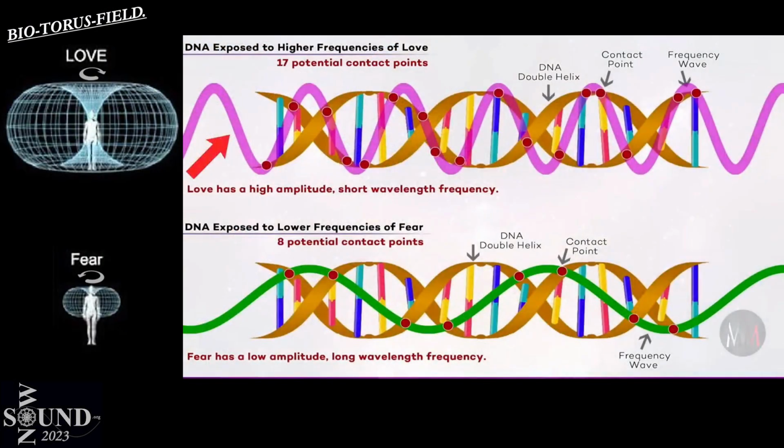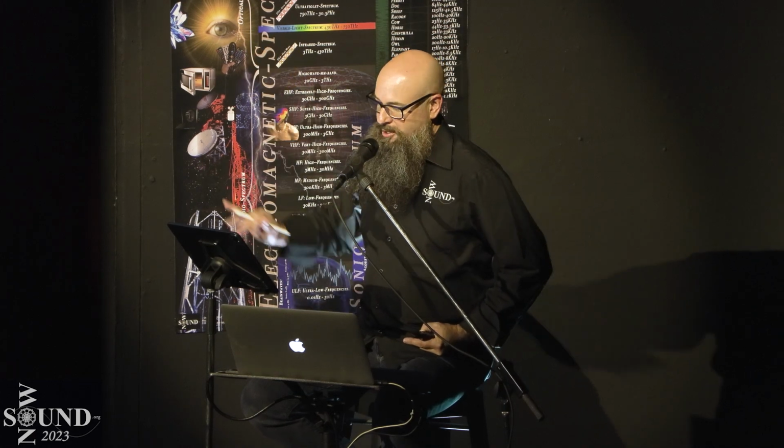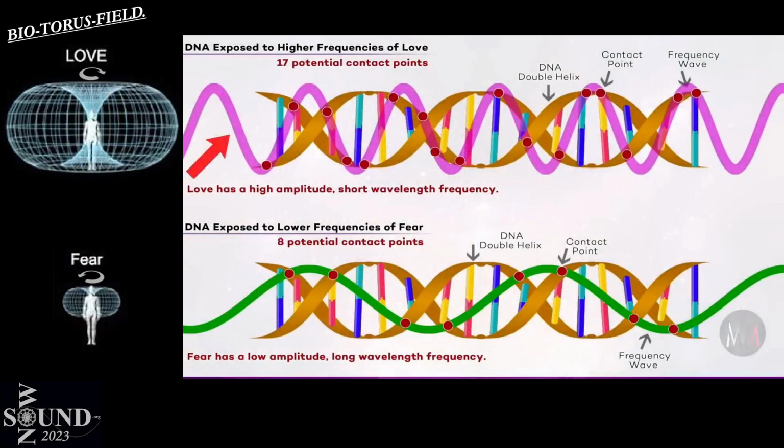When we're in a love mode, our DNA is in a higher oscillation of frequency. You'll see this on our chart. In a love mode, the frequency is in the upper light wave state, and in the fear mode it is in a low vibrational state. And it coincides with the electromagnetic field.